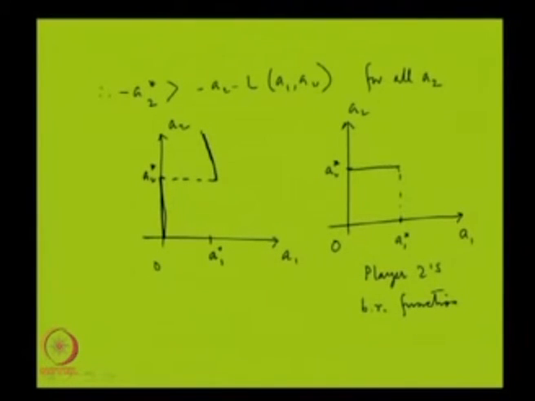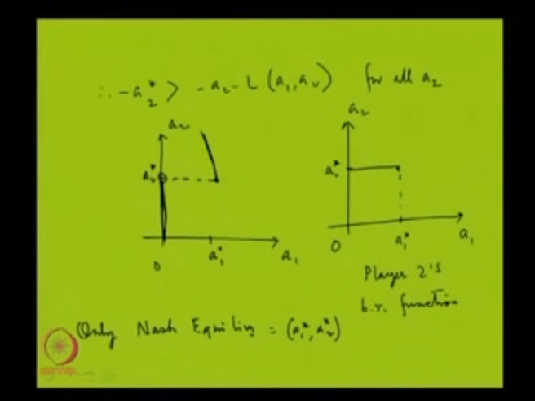Now, if I combine this with this, remember this point is not included, this point is included. If I combine this with this, the only, the unique Nash equilibrium is at A1 star and A2 star, because this is the point where the functions are meeting.